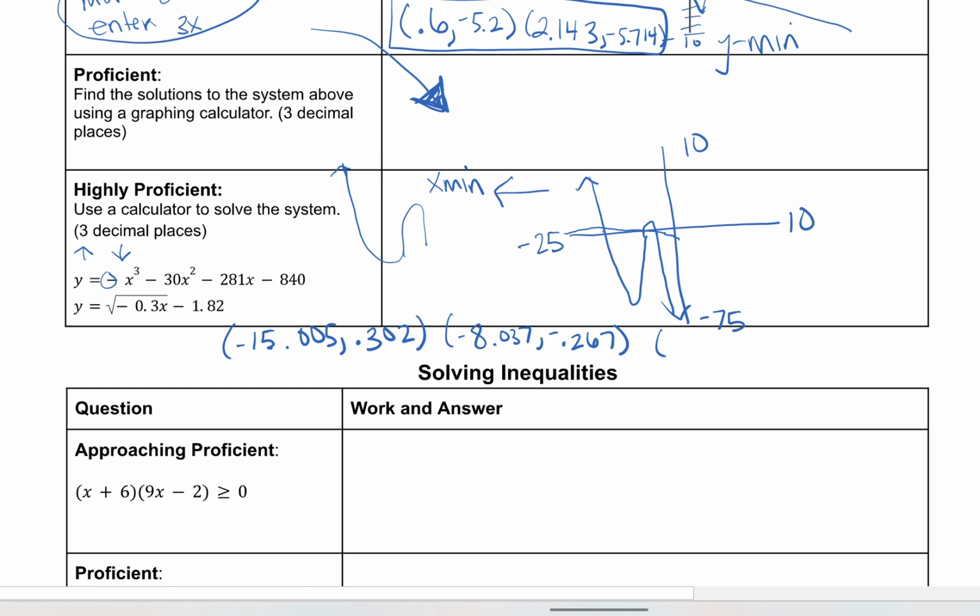For this one, I'm going to just move my cursor right past it. And we get, those are our answers, okay? So when you do it this way, you just have to know what the end behavior of the graph is going to look like, and then kind of judge what part of the graph you're seeing off of that.